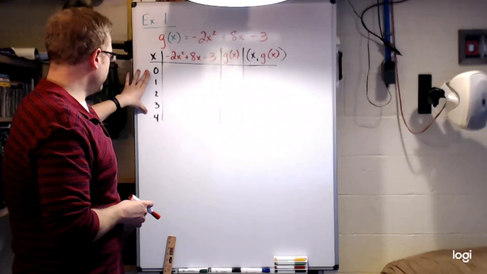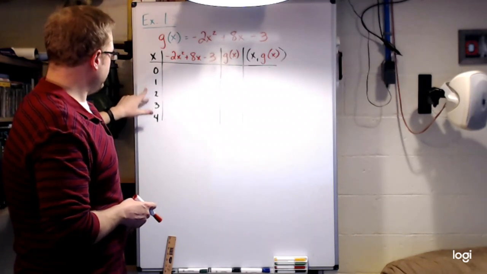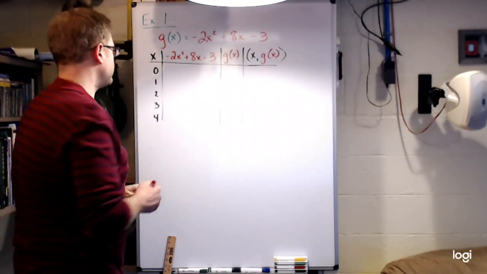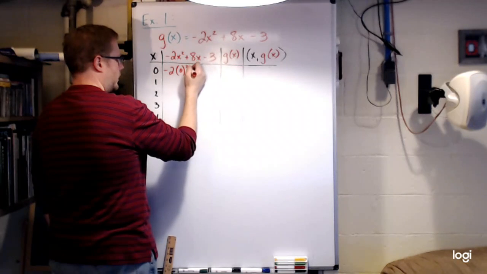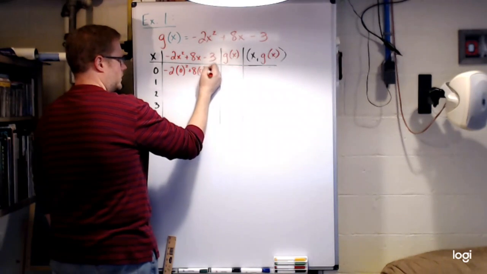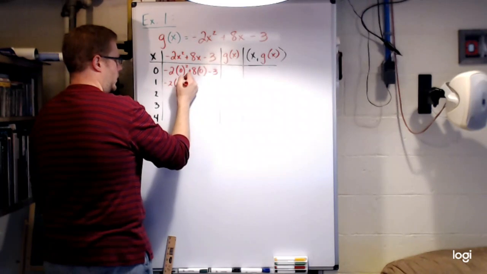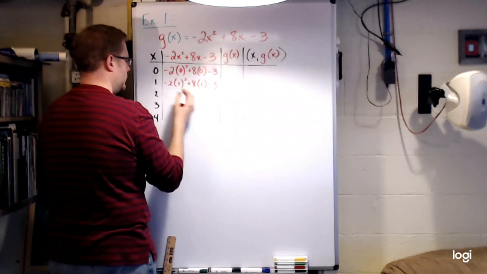It's no big problem. Let's see what we get when I use them. So I'm going to plug all 5 of them into my function here, or my equation, and see what I get. So we have negative 2 times 0 squared plus 8 times 0 minus 3. Negative 2 times 1 squared plus 8 times 1 minus 3.